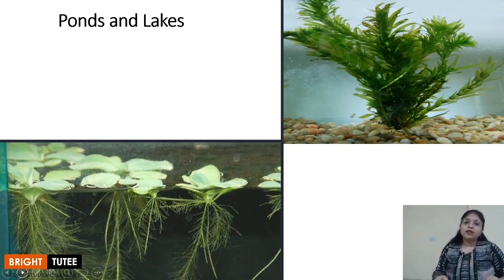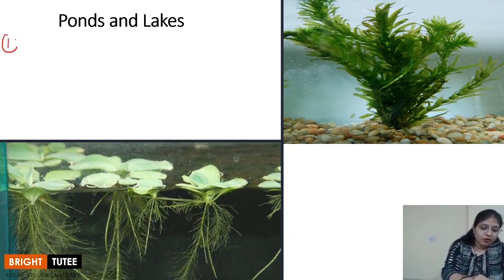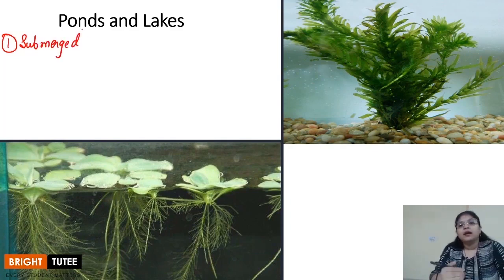Right? So now there are different types of plants that we see when we talk about aquatic plants. First, just enumerate these kinds. First of all, we have the plants that are completely submerged, meaning that these plants are completely under the water and none of the part is above the water, right?